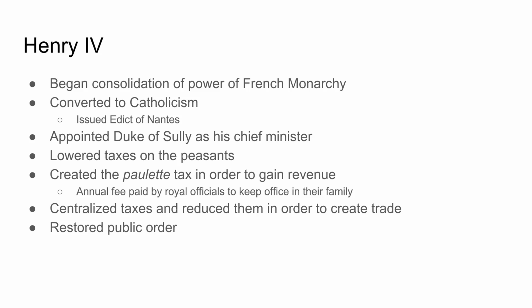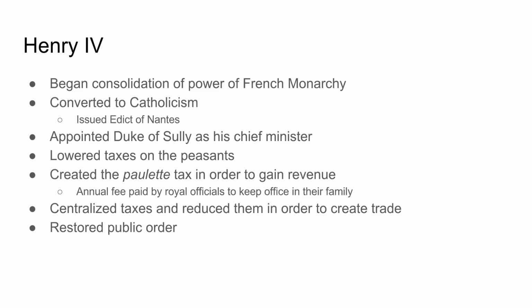And a way to offset this loss of revenue is to create something called the paulette, which is a fee that's paid annually by royal officials so that they can keep their power. This keeps their office in their family. It makes it hereditary, but it also generates revenue for the French king.